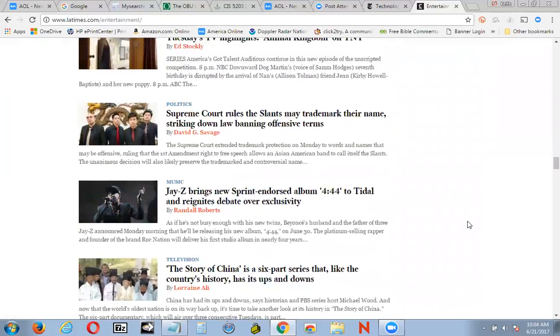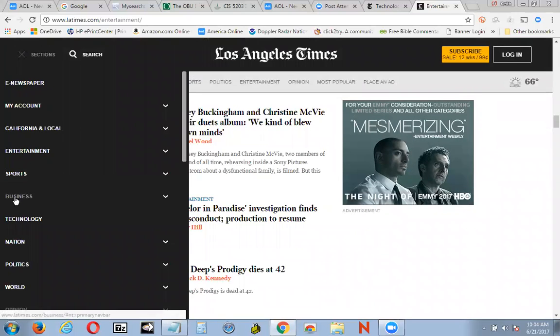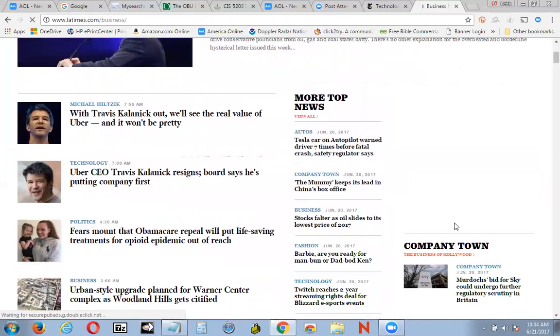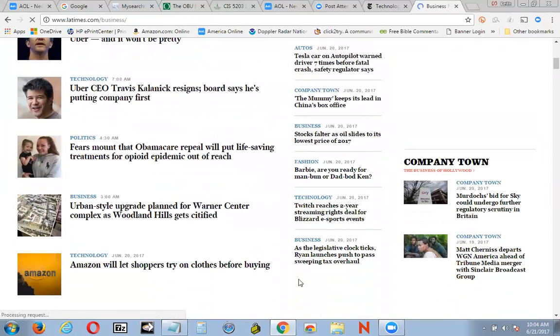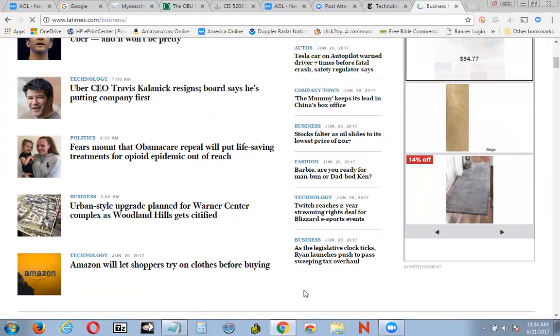Again, just to take a look at the sections there, and we look at the entertainment section. Here's the business section, okay, and you'll find sometimes some very interesting articles about tech companies and what's going on for them.